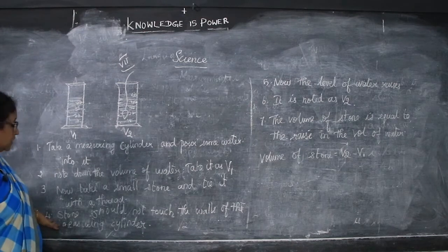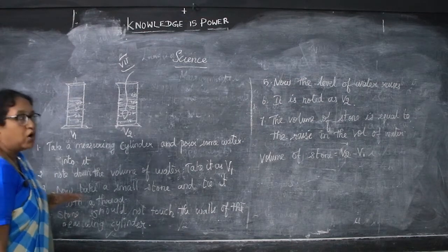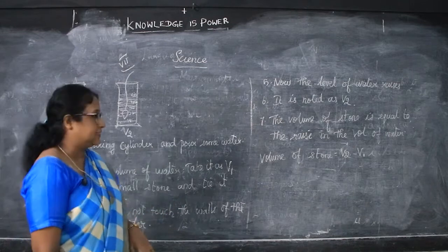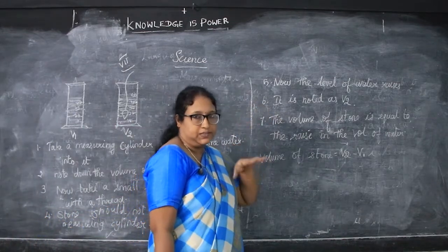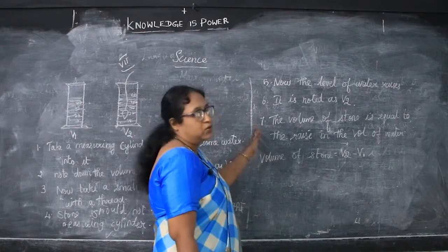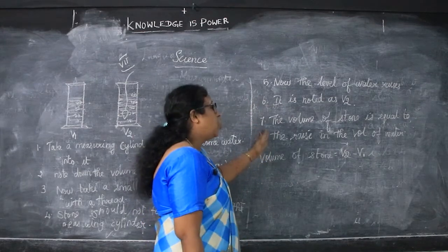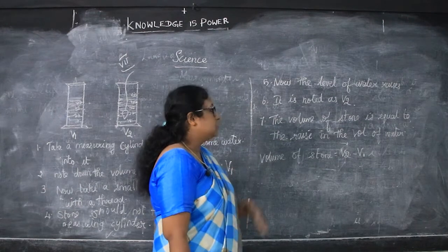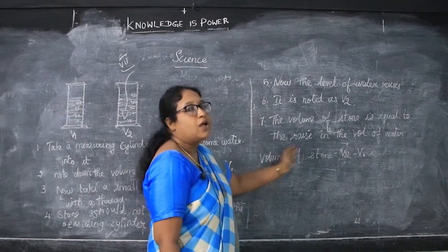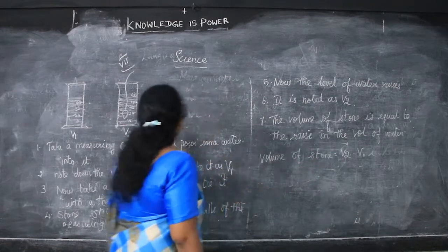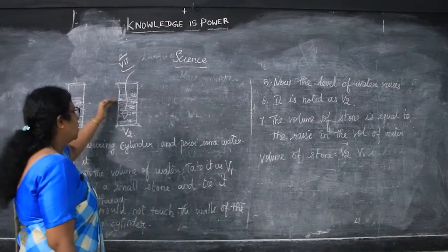The stone should not touch the walls of the measuring cylinder. Now the level of the water raises as we immerse the stone inside it. Now it is noted as V2. Now the volume of the stone is equal to the raise in the volume of water. So what is the volume of the stone? V2 minus V1.